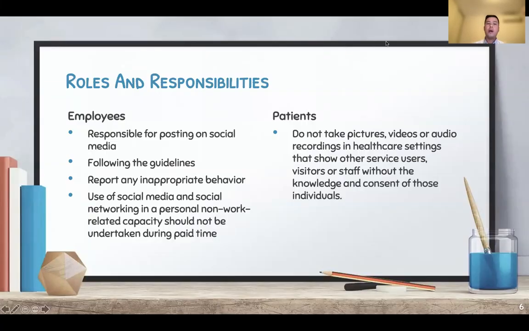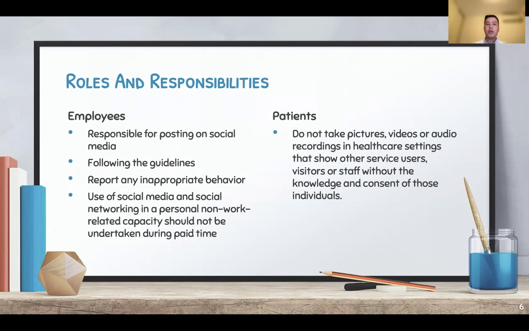Now I want to talk about the roles and responsibilities of some typical members in the hospital. The first member is the employees. They are responsible for posting on social media and following the guidelines set out within these policies.